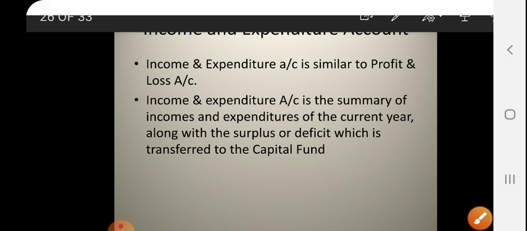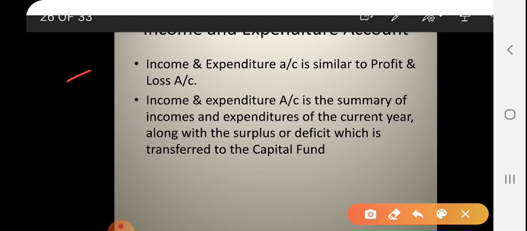In profit and loss account, the result is known as profit or loss earned during the year. But here profit and loss is not calculated because it is a not-for-profit organization. Instead, the result of the income and expenditure account is surplus or deficit. So what does it mean?